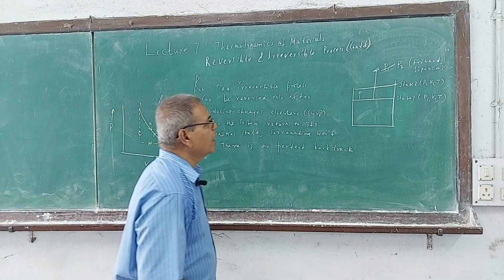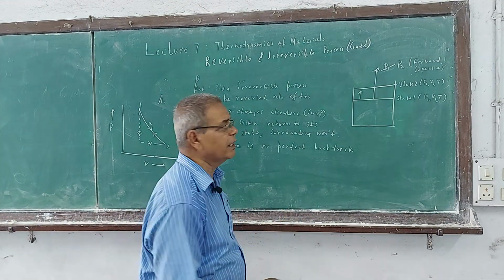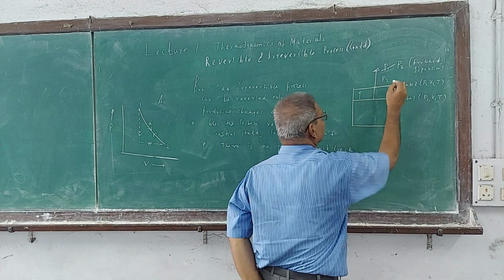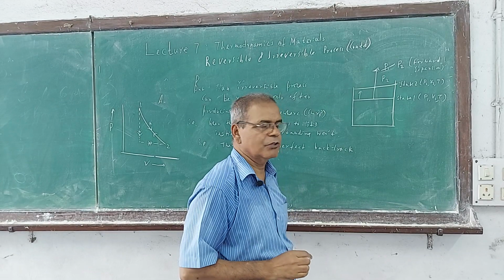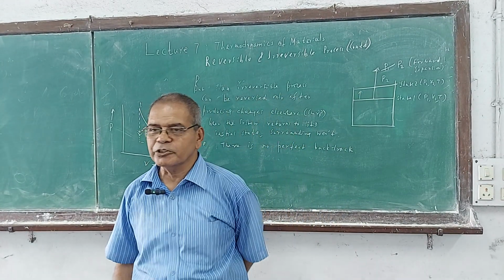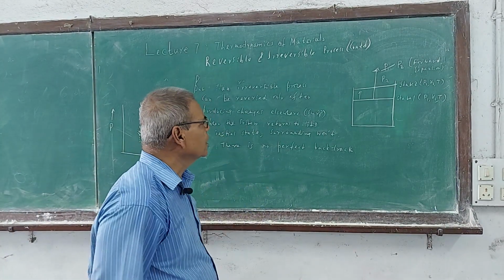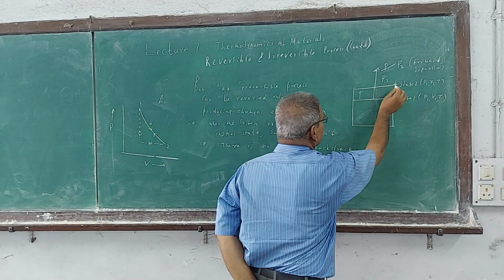Okay, then how to return? This is the forward expansion, and what is the return? Tell me. I am writing here. You are here, state 2. Here the system is there. You return, and it reaches there through non-equilibrium states. I am not sketching this now because you know it, and I don't want to make it untidy or unclear.